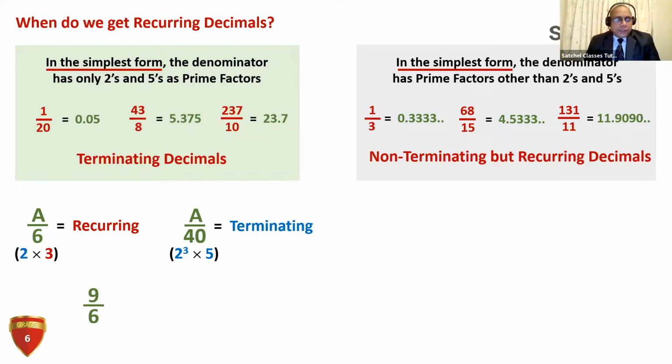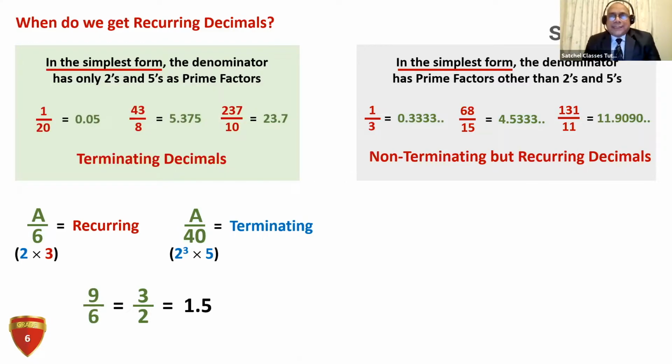If I reduce it to simplest form, which means dividing both numerator and denominator by 3, I end up getting 3 over 2. And now in the simplest form, the denominator doesn't have 3 in it. It entirely consists of 2, which means this is a terminating decimal, which is 1.5.